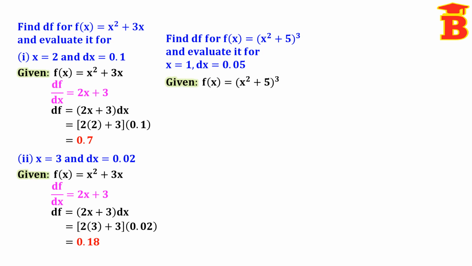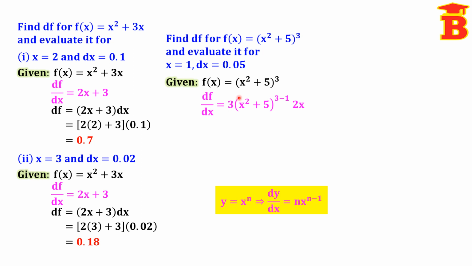Here we use the formula x power n. We know that formula n x power n minus 1. Here x means this full bracket. Whole power n means 3. So using that formula, df by dx equal to n x power n minus 1.